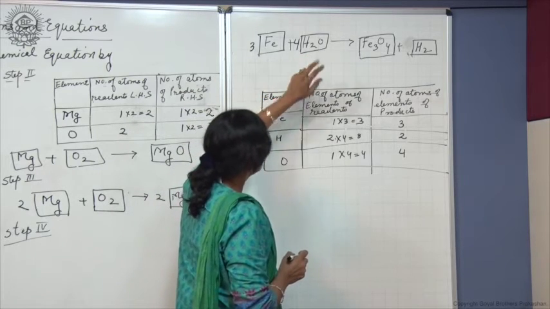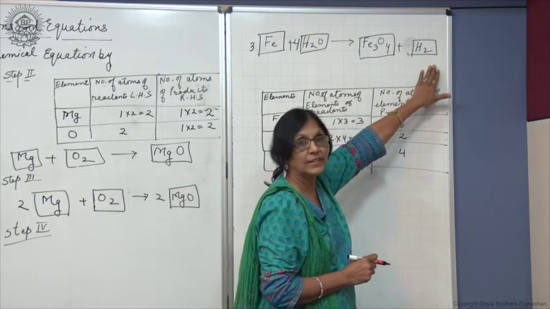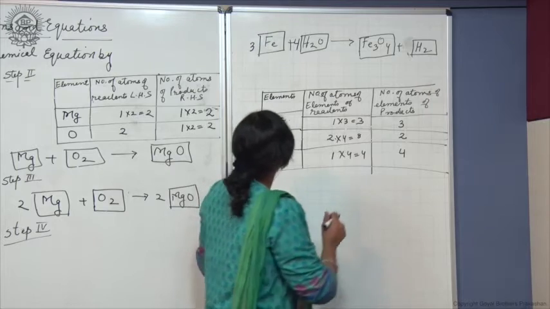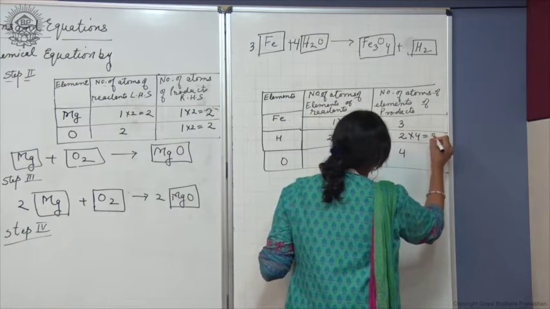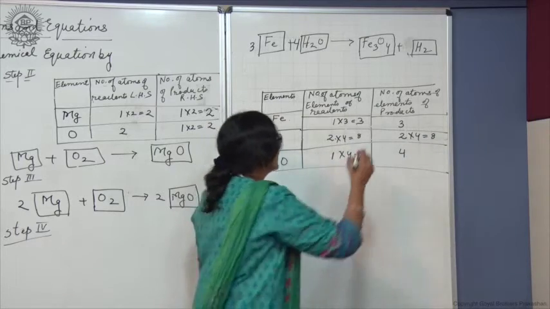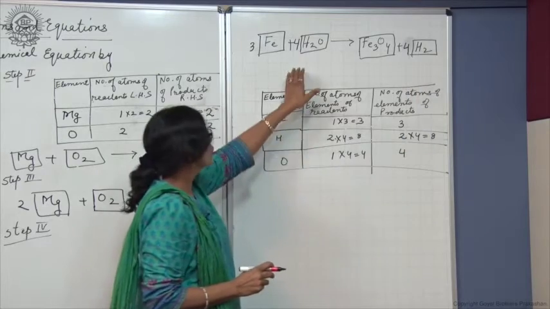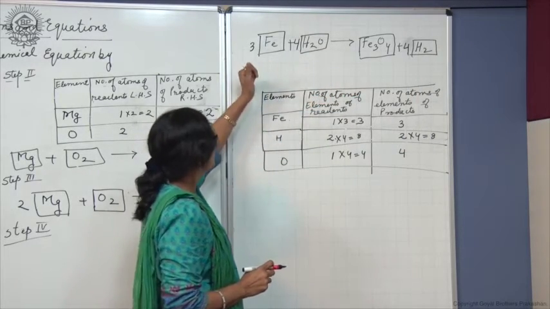Now we have to balance the hydrogen atoms on the right hand side. How? 4 2s are 8, by multiplying it by 4. So if we write 4 here, the number of hydrogen atoms will also become equal on both sides, that is equal to 8.